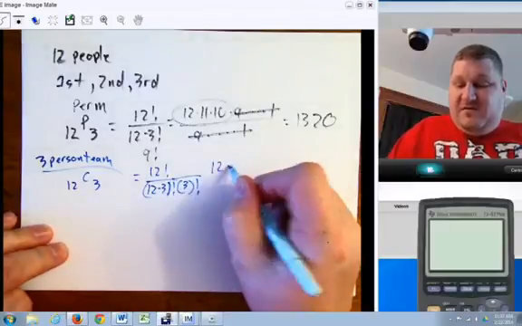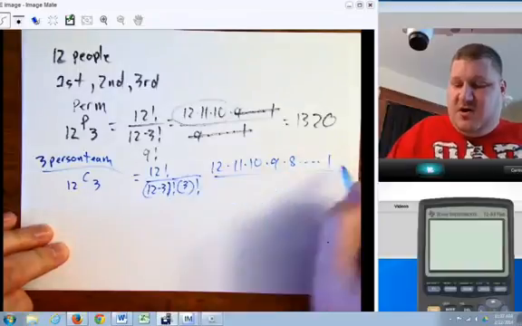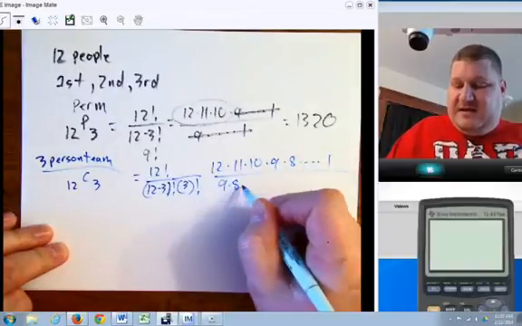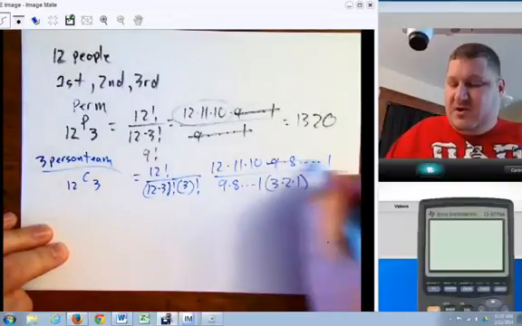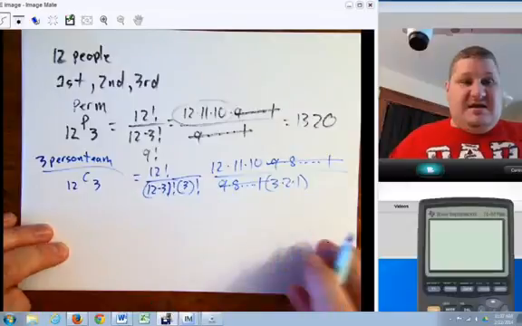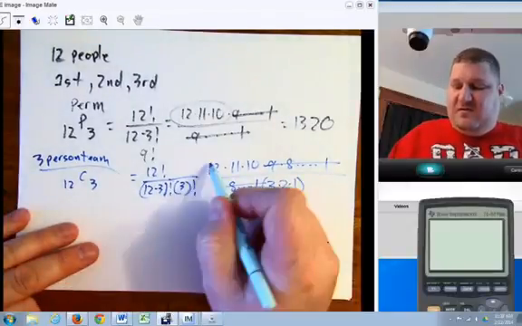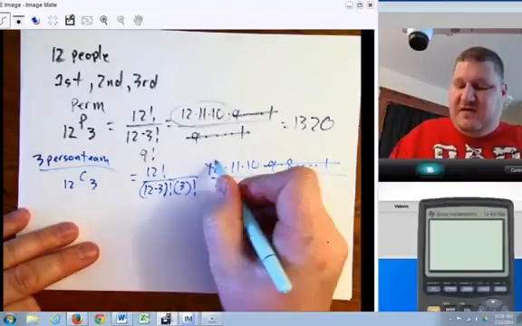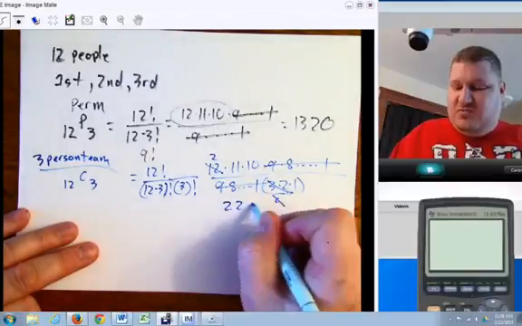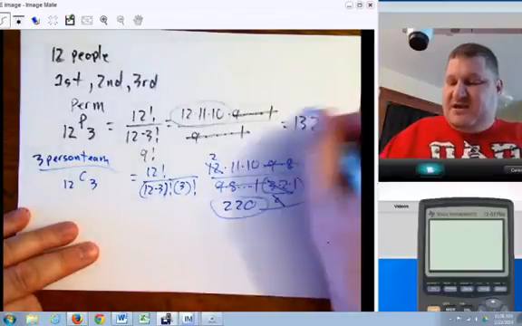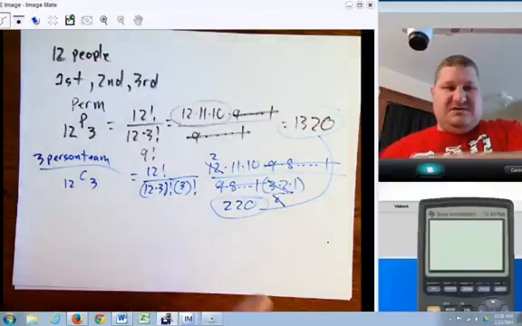So I have 12, 11, 10, 9, 8, 1, all over 9, 8, 1, 3, 2, 1. Now I would have to reduce further. I have a 3 here and a 2 here. That makes 6, so 12 and 6 cancel out, leaving 2, so I have 110. I have 220. You'll notice combination significantly less than permutation because the order does not matter.